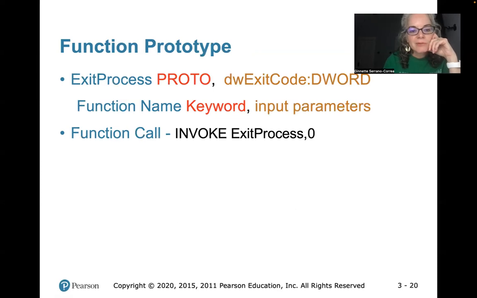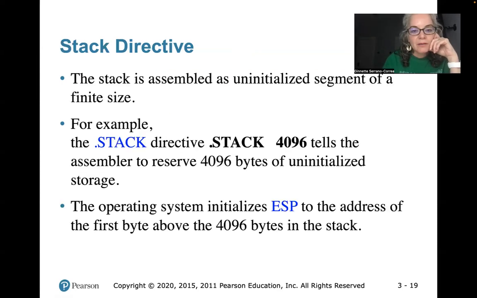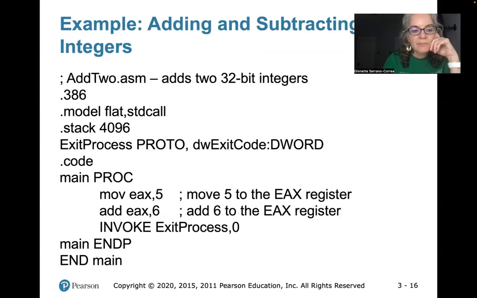Okay, function prototypes. So going back to our program, we've looked at this, this, and this. Then we have the exit process prototype. And then we have this name that we made up, the DW exit code.